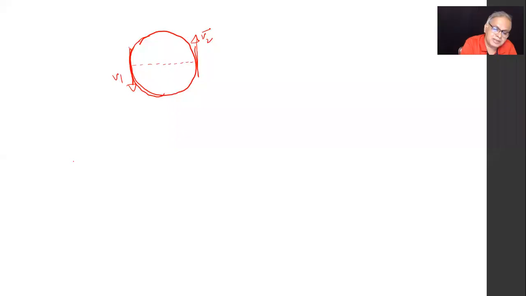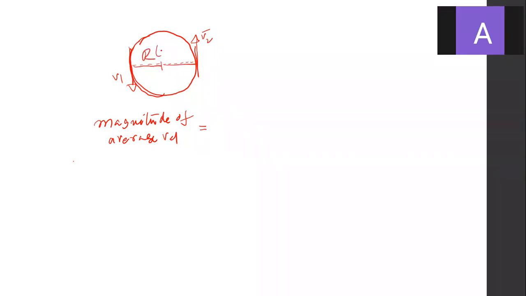So, magnitude of average velocity, if you write, I'm not writing vector here, that's the reason I'm writing magnitude of average velocity. Displacement, how much? If I suppose R is the radius, that will be 2R, by time.